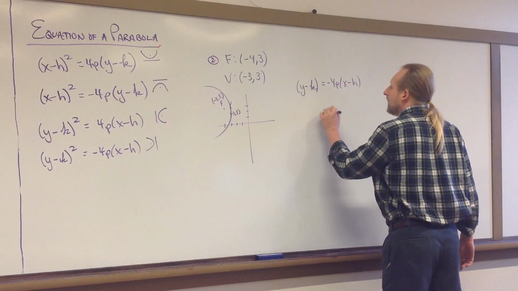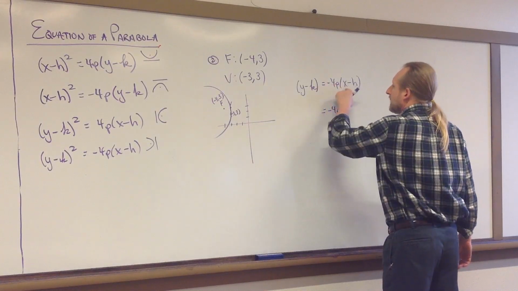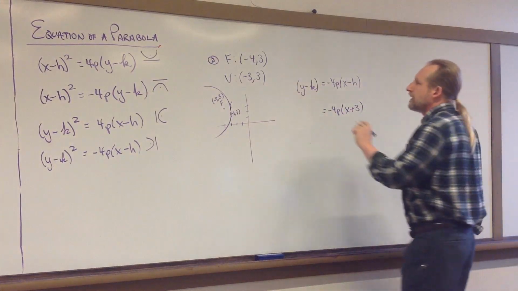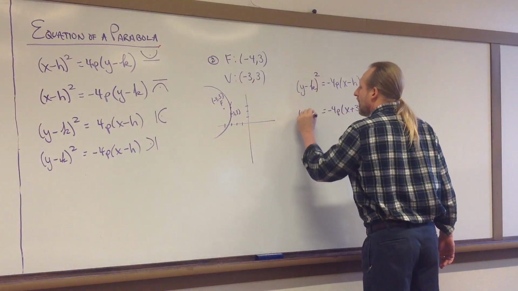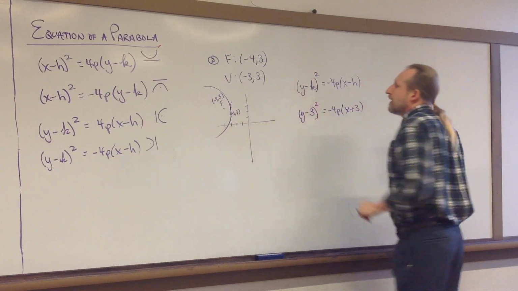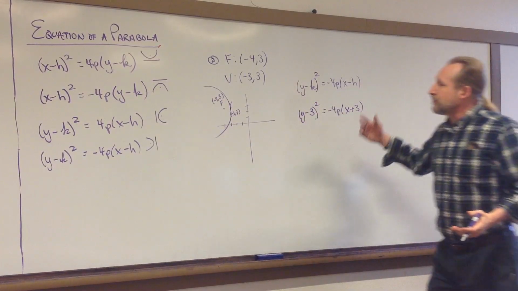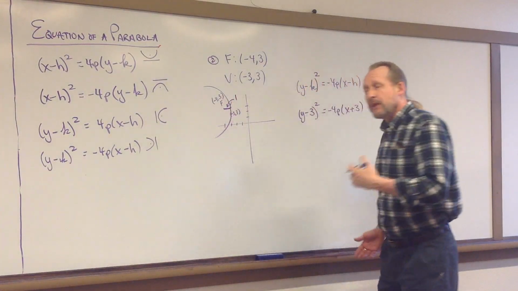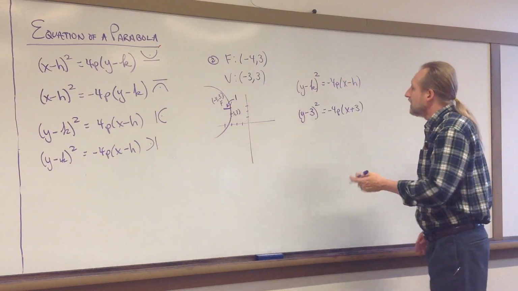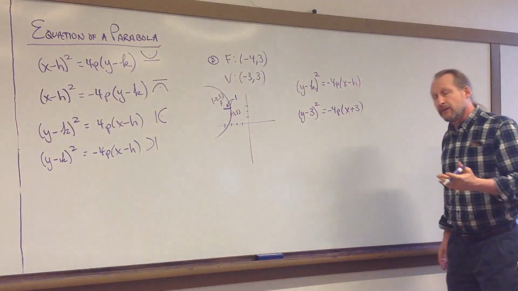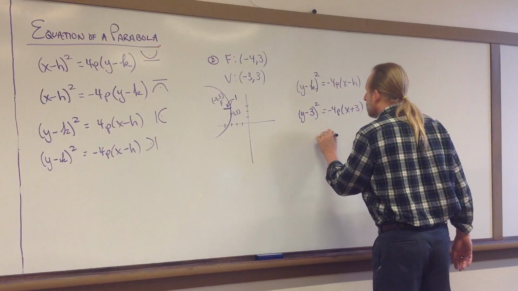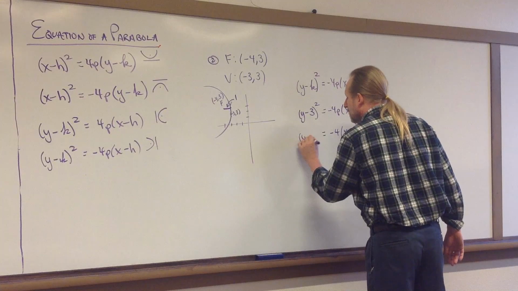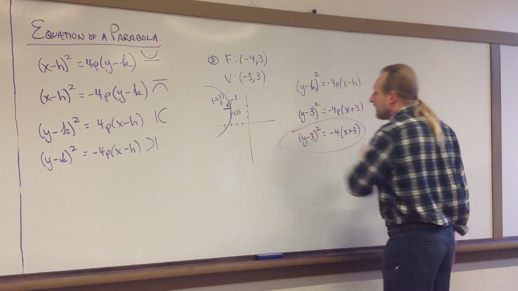So the x coordinate, x minus -3, is x plus 3, and we'll get (y - 3) squared. Now we just need to know the value of p. What's the focal distance here? That distance is 1. If you want to think of it as -1 because it's going to the left, that's what this negative sign represents. So, -4 times 1 times (x + 3) equals (y - 3) squared. And there we go.